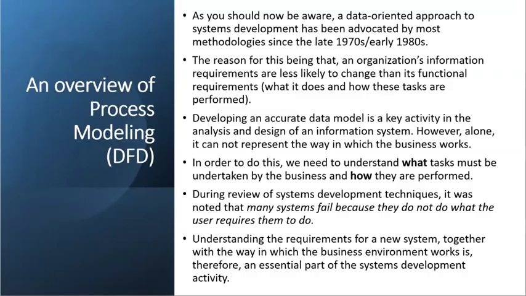Process modeling, ladies and gentlemen, forces us to ask: what tasks must be undertaken in the information system? In what order, right? What information is needed to perform each task? What information is produced?